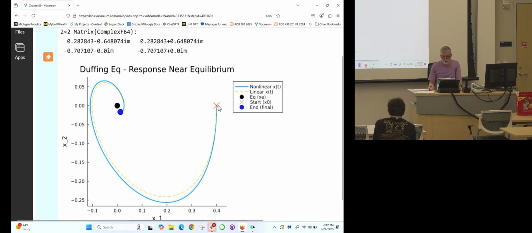Okay, here's the initial condition. The dotted line is the linear solution, and the solid blue line is the actual nonlinear solution. Pretty cool. Okay? That's what happens when things are basically stable.